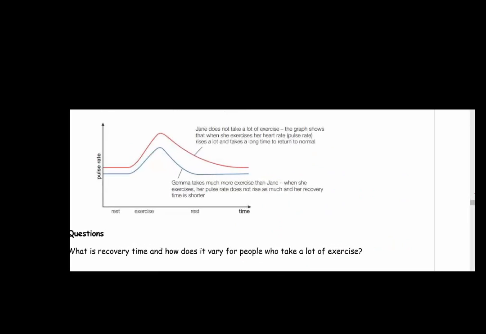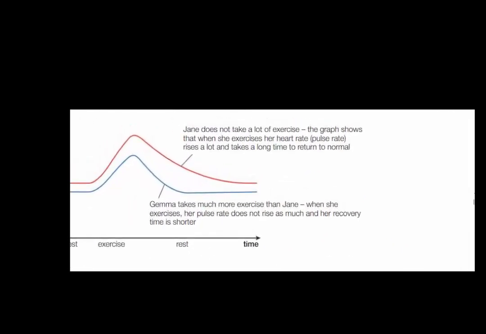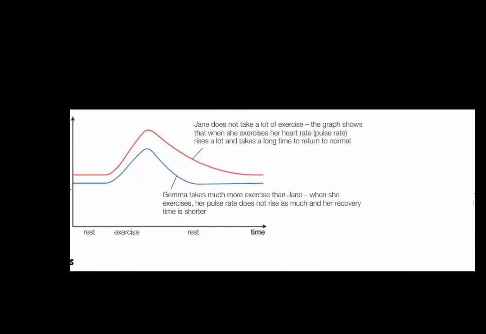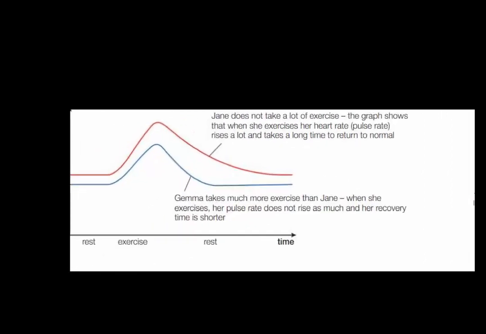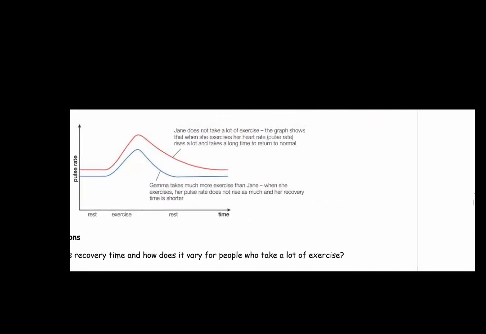Now, let's say for example you got a question on this where we're comparing Jane and Gemma. Now, let's ignore all this writing for now. Let's just say we had to describe the trends here, right? So here's some trends that we'd say. Jane has a higher resting pulse rate than Gemma.